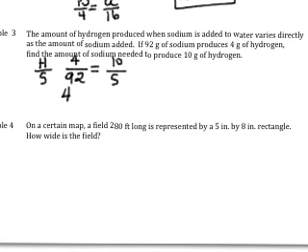So 4S equals 920. And I believe 4 goes into 92 23 times. So that means S is going to be 230 grams.